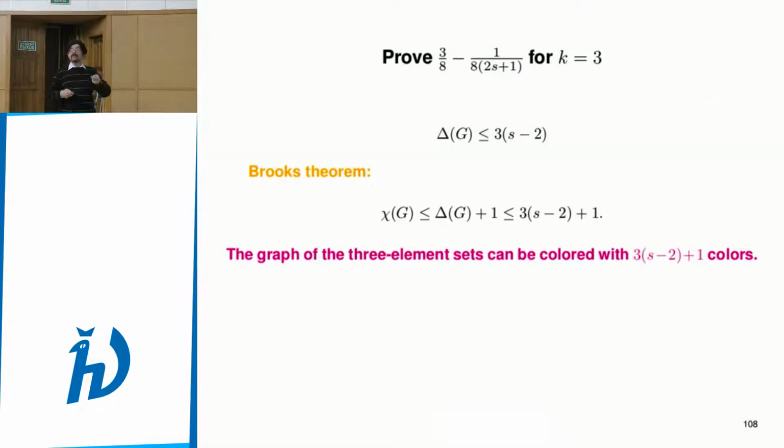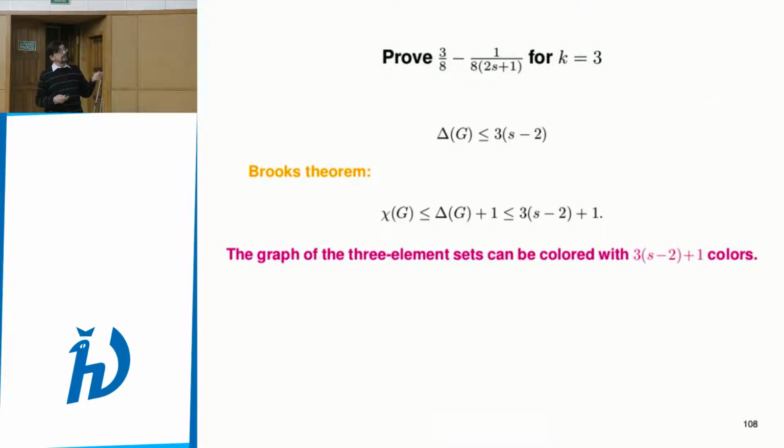which means that in one color class, you remember that two such three-element sets were adjacent if they had a common edge. But if they are in one color class, then they don't have a common edge.